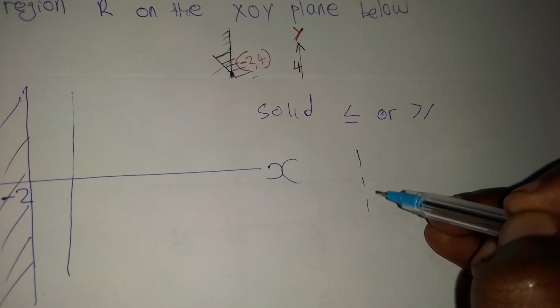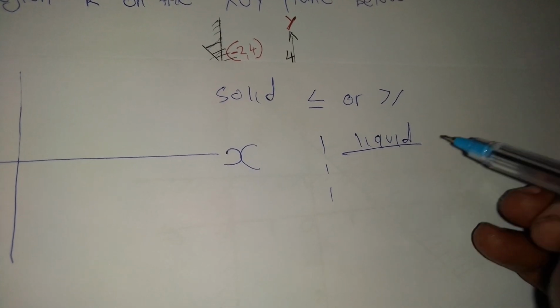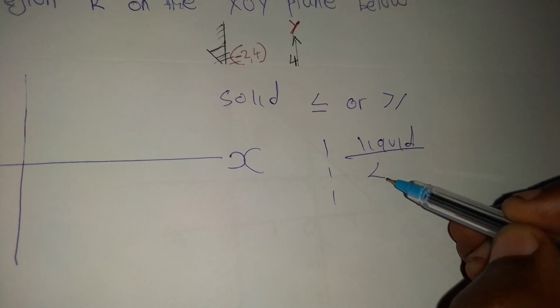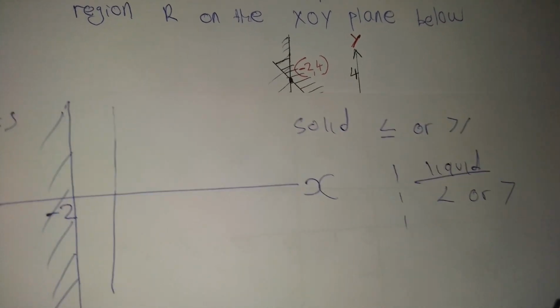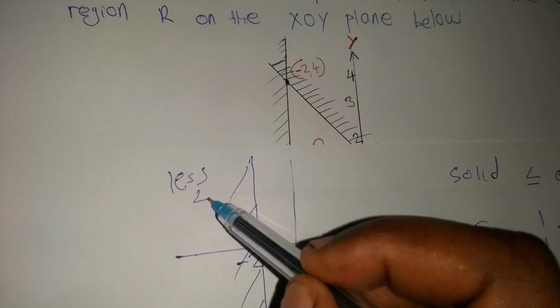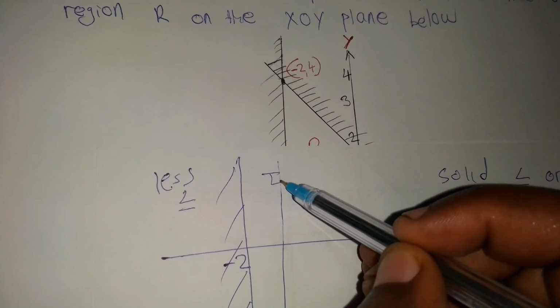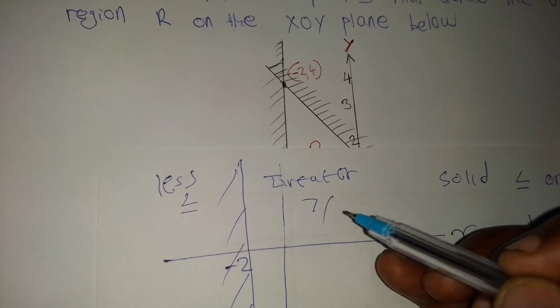And a dotted line is represented by less than without the bar, or greater than. Coming back to this, it is a solid line. So less than, we put like this, and this side is greater than.